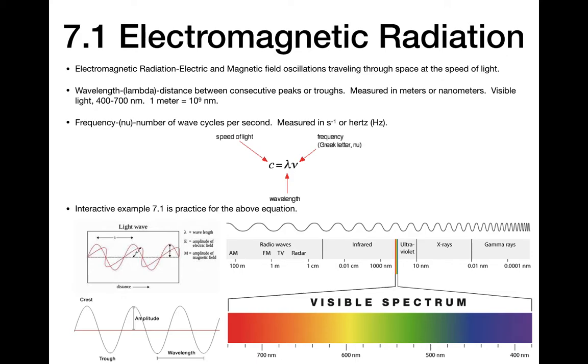The main probe that we use for studying the electron cloud is light. Light can also be called electromagnetic radiation. So that would be electric and magnetic fields traveling through space while oscillating. So the picture in the upper left down below is an example of how the electromagnetic field works.